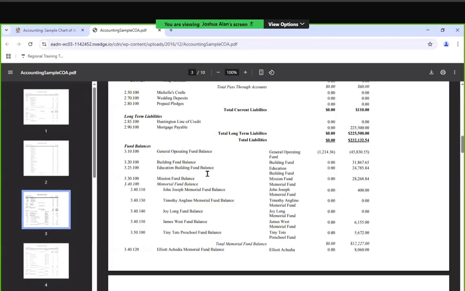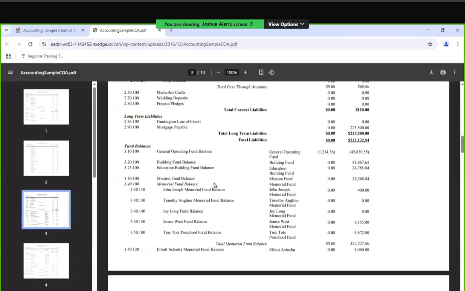You can have a one-to-one ratio of assets to funds, meaning I've got a general checking account that happens to store the balance of, or represent the activity in, my general operating fund. And then I have a savings account that may represent the balance in my building fund. And conversely, I may have other assets that represent other funds specifically, as long as you understand that it's not required by Church Windows that it be that way.